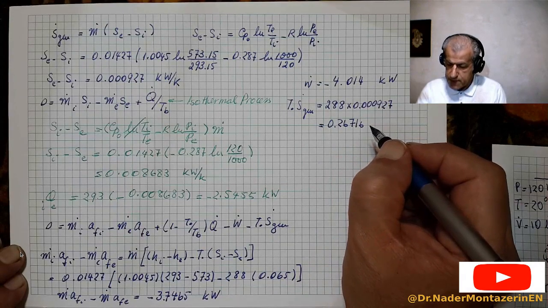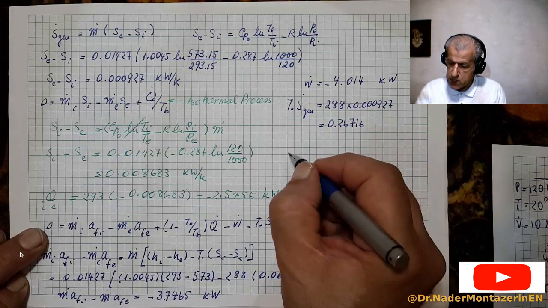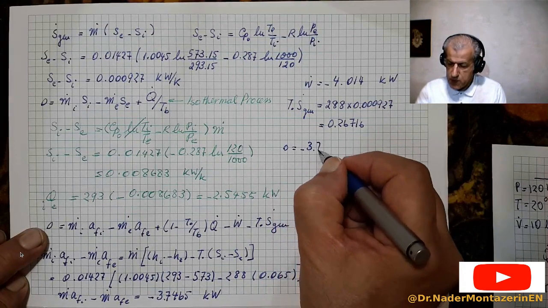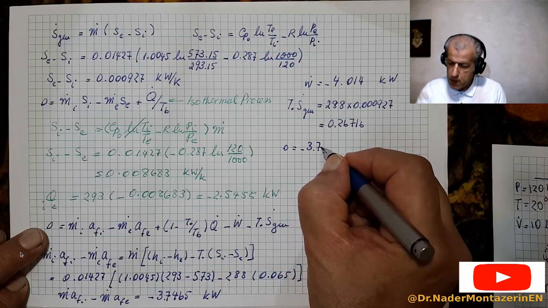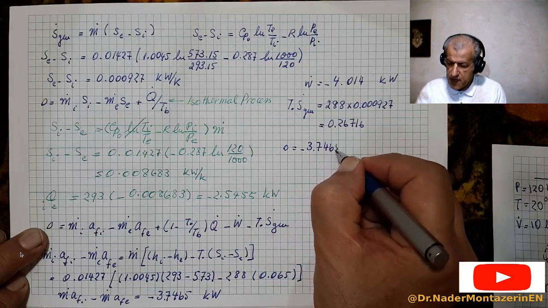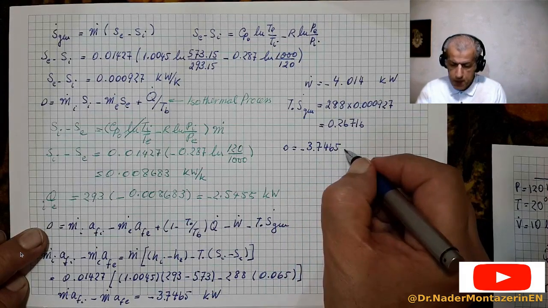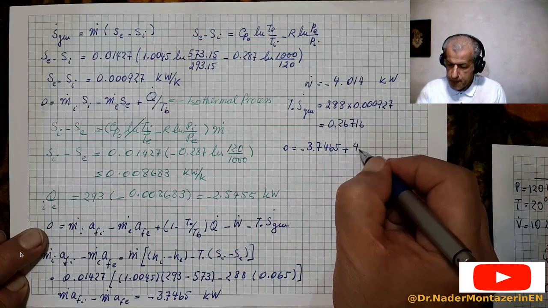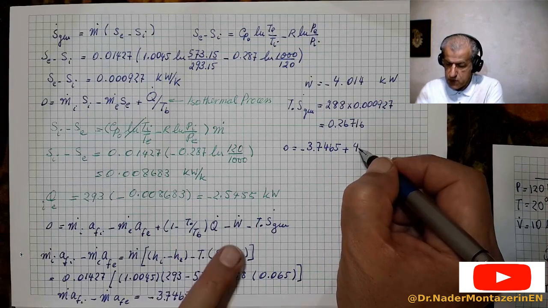And let's replace everything in this equation. 0 should equal minus 3.7465 plus 4. This is 0. This is work.